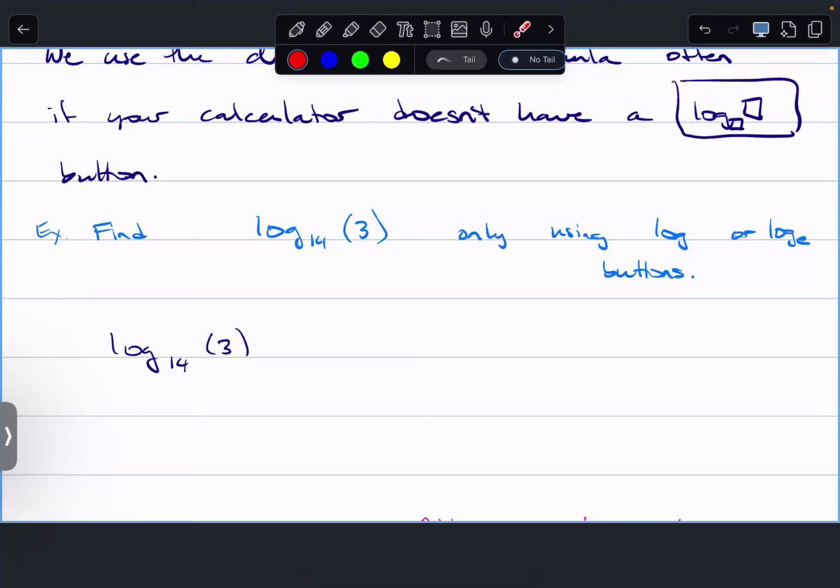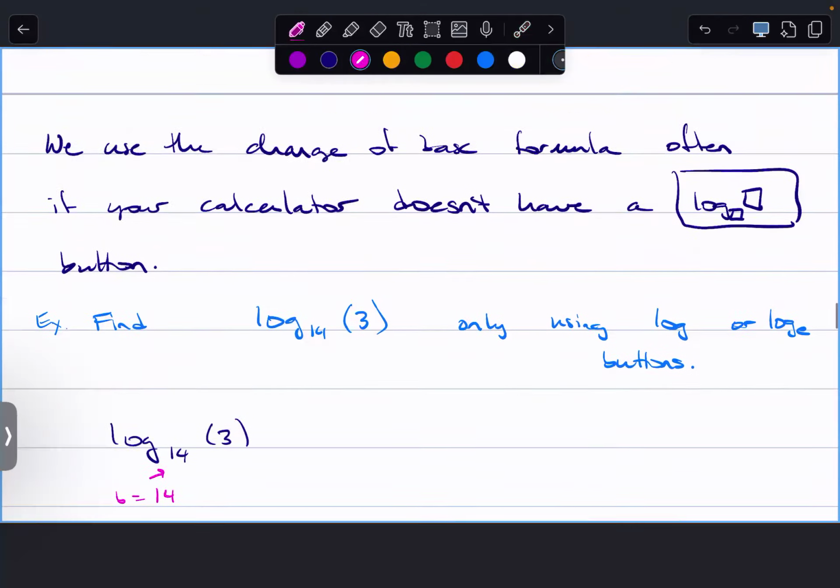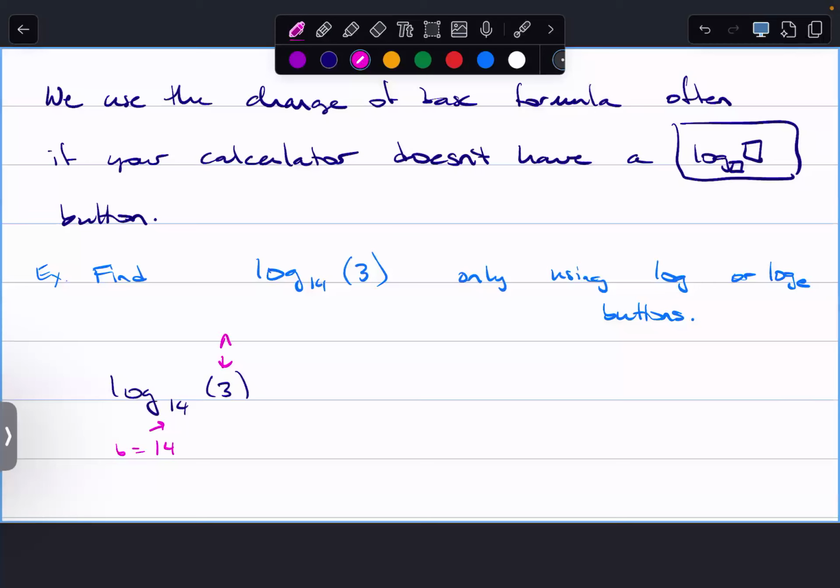You could rewrite this as 14 to the power of something equals 3. That's going to be relatively difficult, right? And so we'll use the change of base formula. So here in the change of base formula, b is 14 and a is 3.